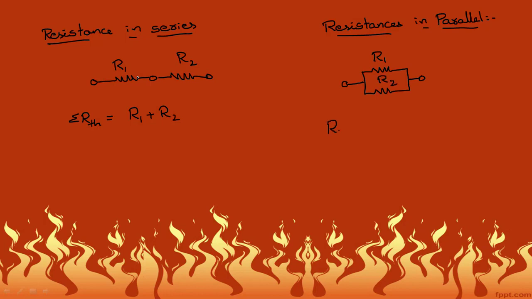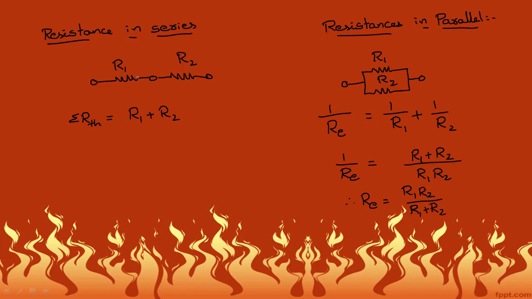Then the equivalent resistance will be given by 1 by Re is equal to 1 by R1 plus 1 by R2. So from this 1 by Re will be equal to, if we take LCM, (R1 plus R2) by R1 R2, and therefore Re will be equal to R1 R2 by (R1 plus R2). These two formulas stand good when we take thermal resistance also.